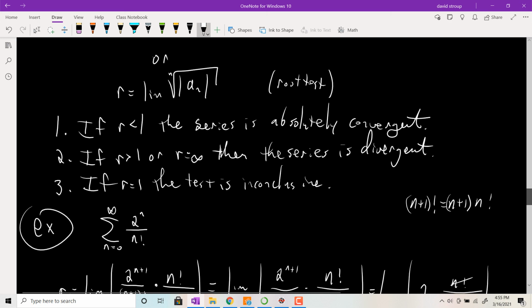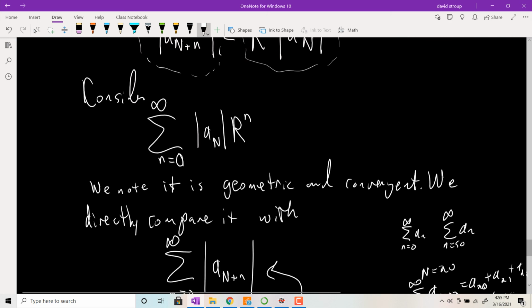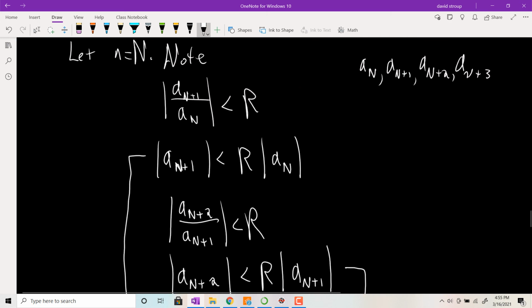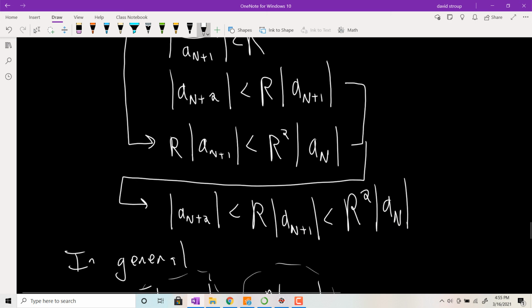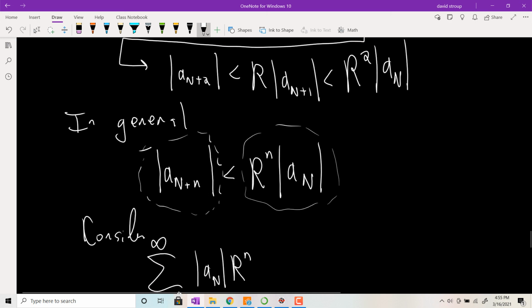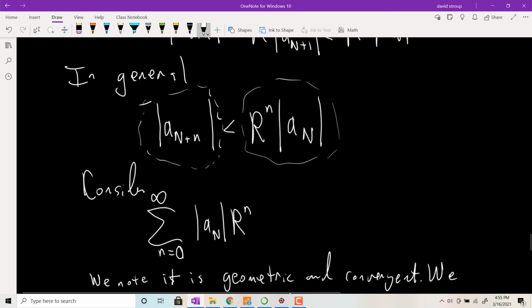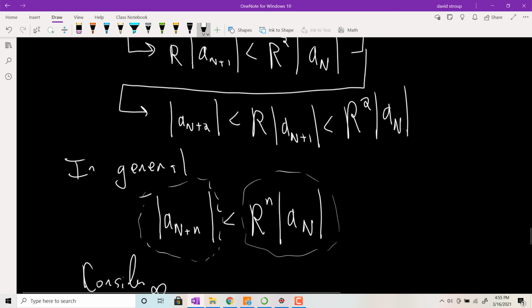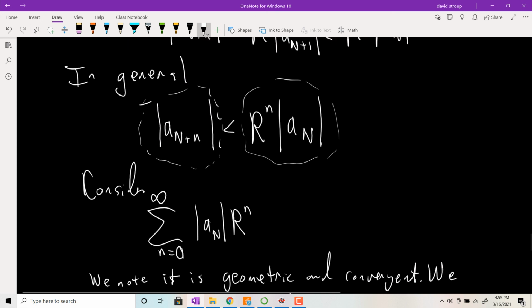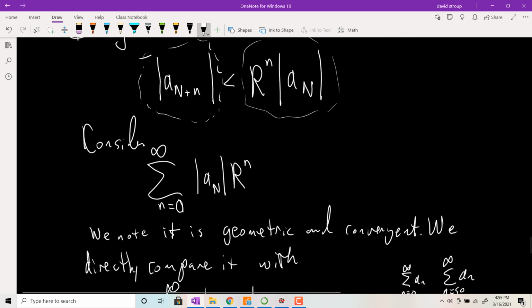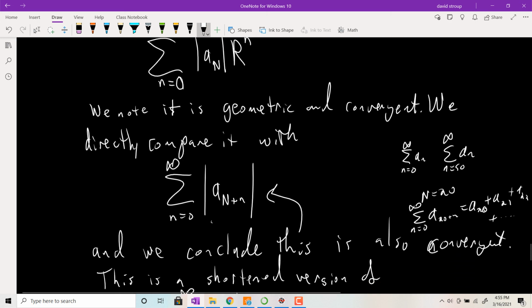So the overview is we use the strict definition to build this chain of inequalities, and then we were able to say that the terms on the left and the terms on the right always have this relationship. So if you use the terms on the right, you can build a geometric series which is convergent, and that forces the series with the terms on the left to also be convergent.